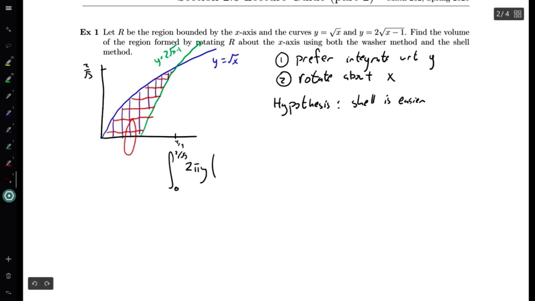We want to solve each of these blue and green equations for x in terms of y. We already did this in a previous video, so I'm not going to go through these details again. For the green curve, you end up with the x value being y squared over 4 plus 1. For the blue curve, you get that the x value is y squared.